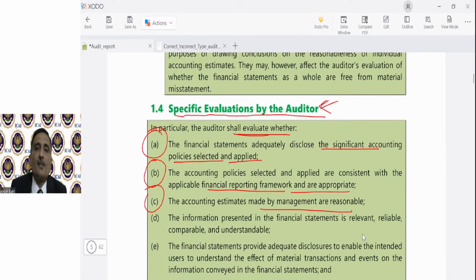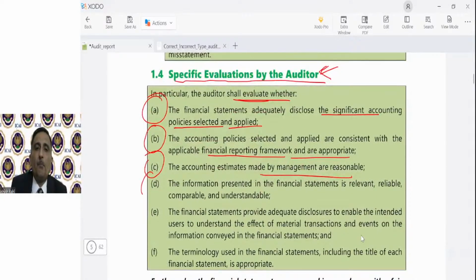These are not biased, because accounting estimates have to be made by the management. It is management's responsibility to make reasonable accounting estimates. So whether these accounting estimates are reasonable or unreasonable, this has to be assessed by the auditor. This has to be evaluated by the auditor. Okay.